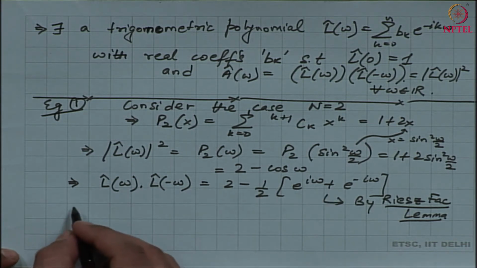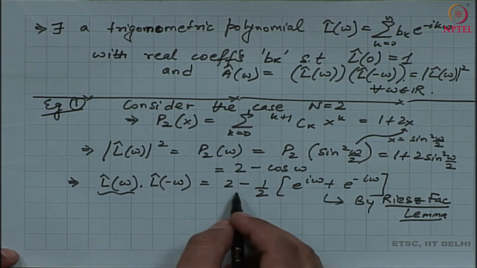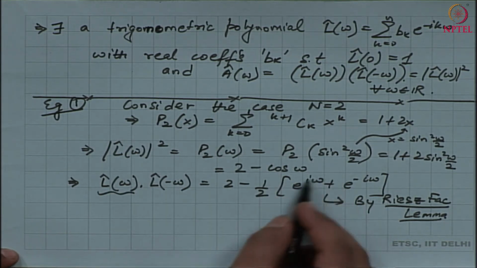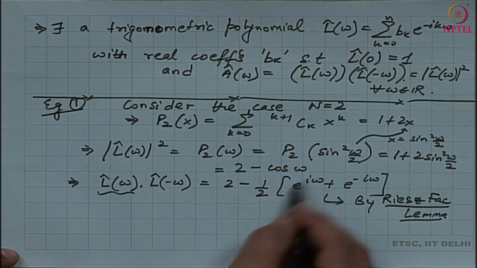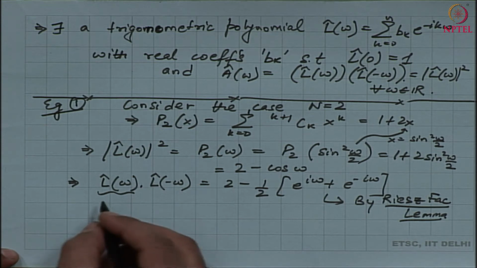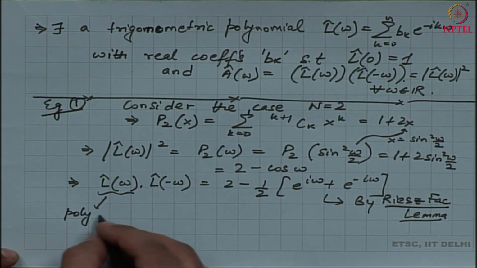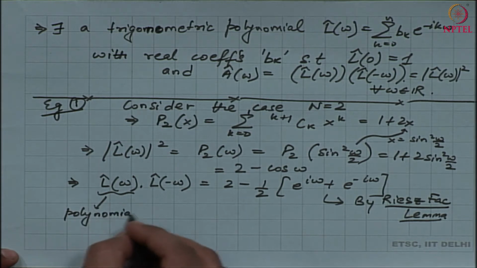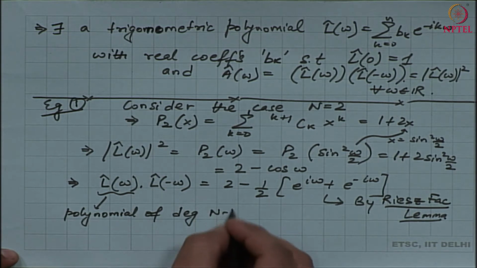So, let us now, so I know that, notice that my P2 of omega is a polynomial of order 1 with respect to this factor e to the power i omega, which means that my L hat of omega is also a polynomial. It is a polynomial of degree n minus 1.